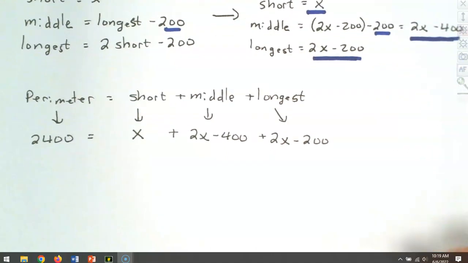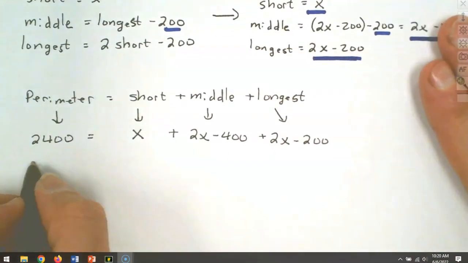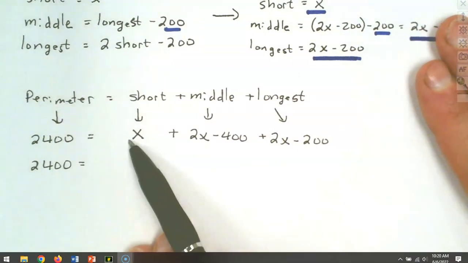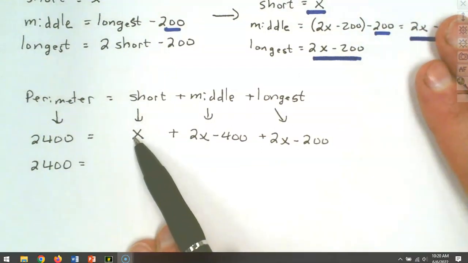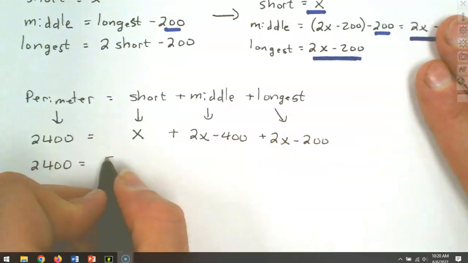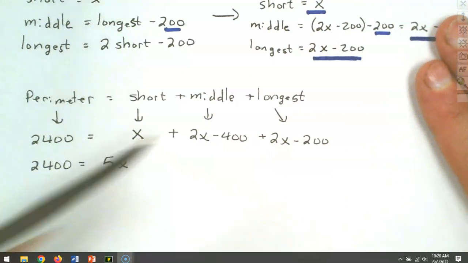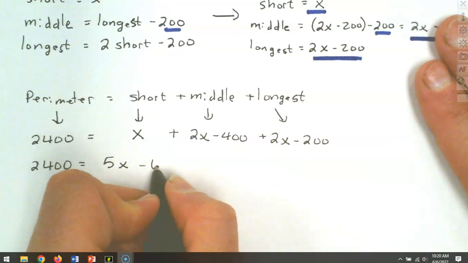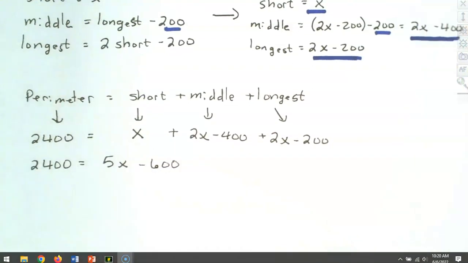Now we can combine and solve. So now we've got 2,400 equals, let's combine all of our x's together. We have 1, 2 more makes it 3, 2 more makes it 5x. And then minus 400, minus 200, that makes it minus 600. Just combine, and now we can easily and quickly solve it.